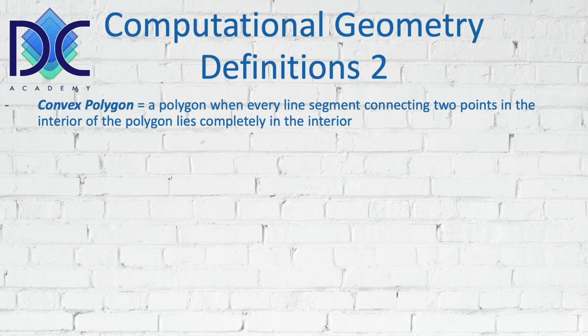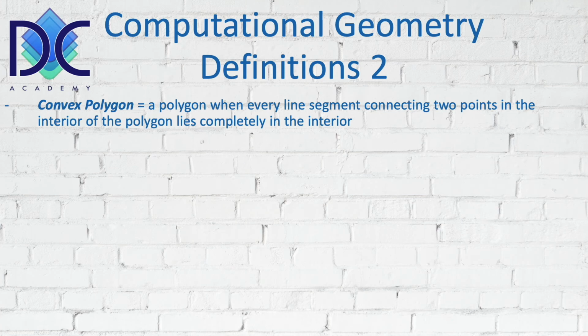Now, let's continue with the definition. Let's say that a convex polygon is a polygon where every line segment connecting 2 points in the interior of the polygon lies completely in the interior.